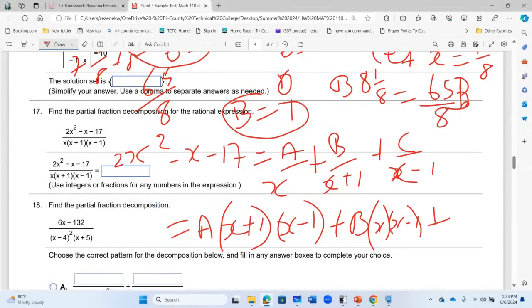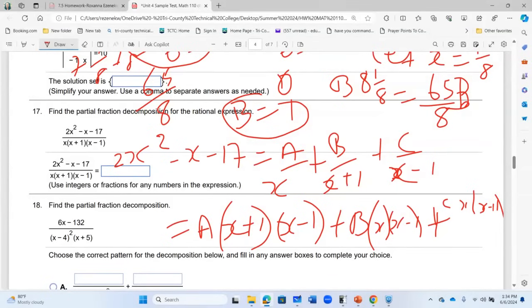And then if I multiply both sides by C, I have C into x and x plus 1, x plus 1.